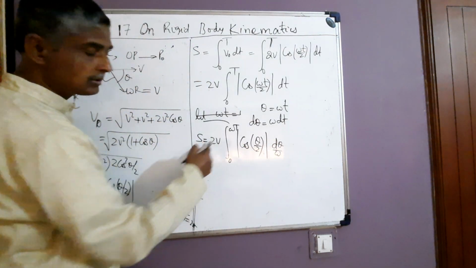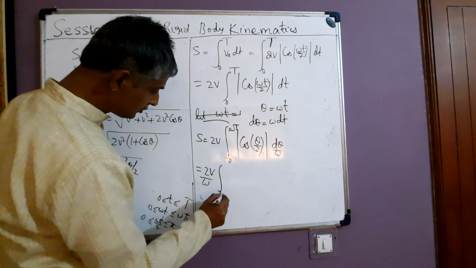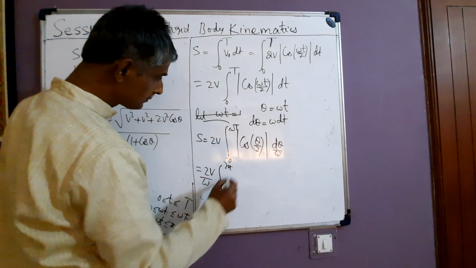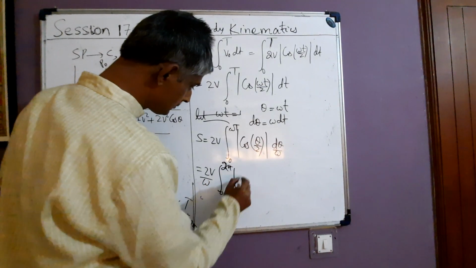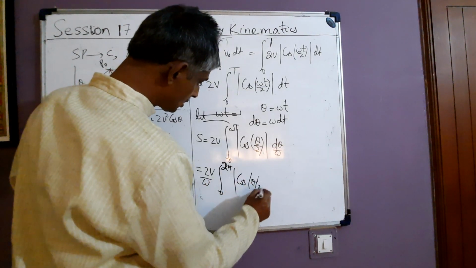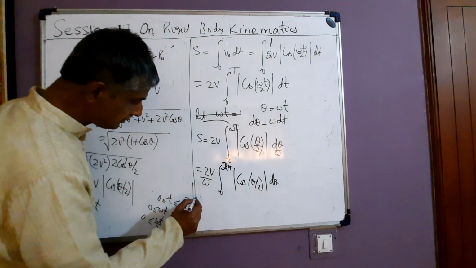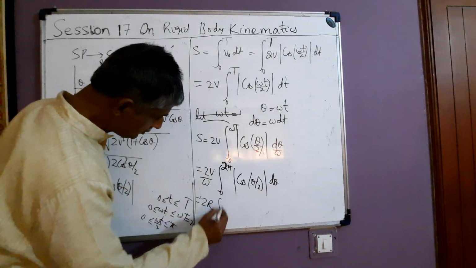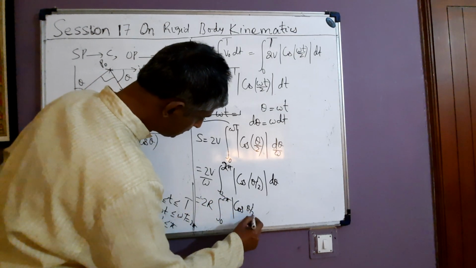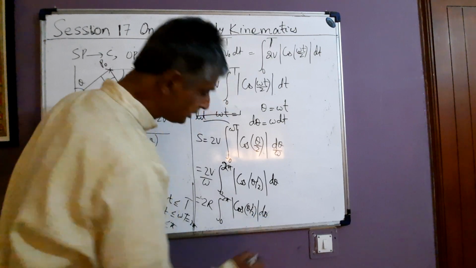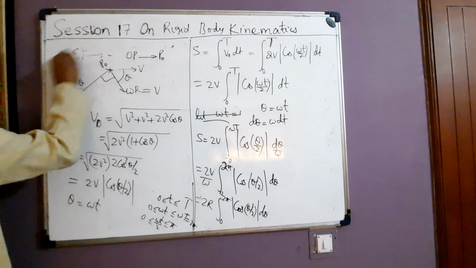Omega is constant, omega comes outside the integral. 2v by omega, 0 to omega T which is 2 pi, mod cos theta by 2 d theta. V by omega becomes r. So 2r, 0 to 2 pi, mod cos theta by 2 d theta. Alright.